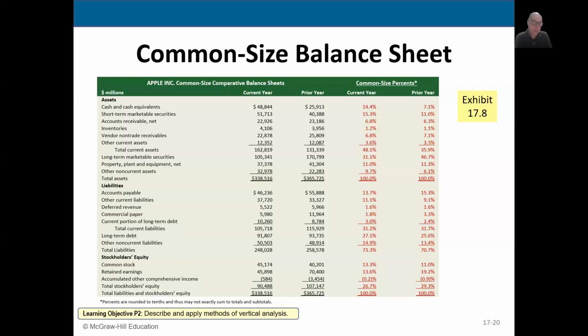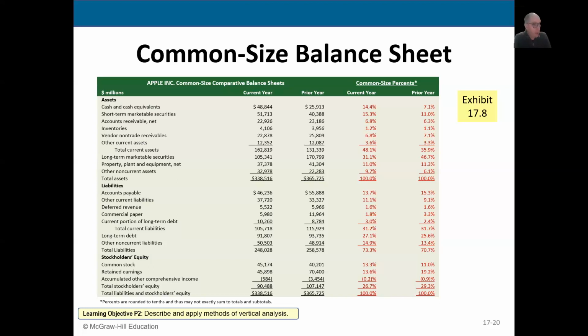For cash, my cash was $48,844 for the current year. My total assets were $338,516. So analysis amount, $48,844, divided by base amount, $338,516, gives me 14.4%.